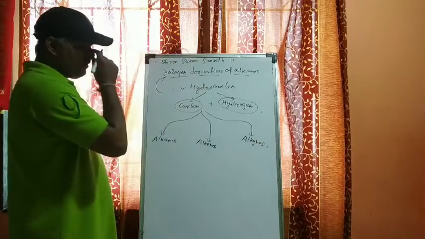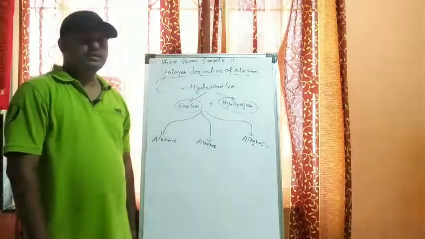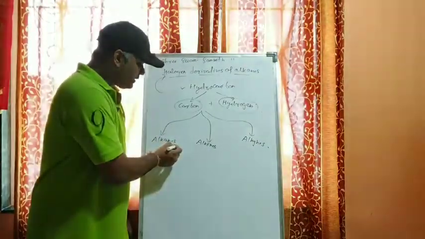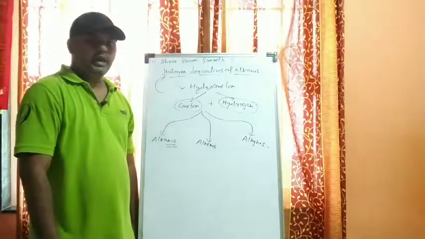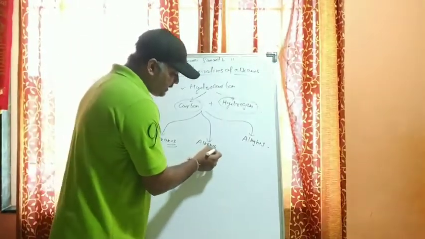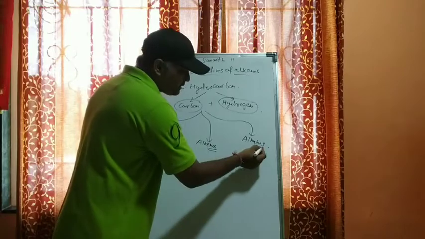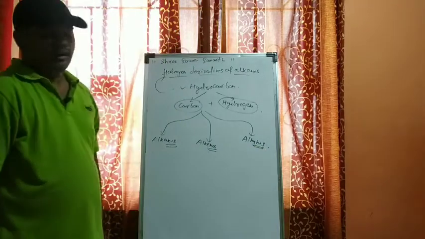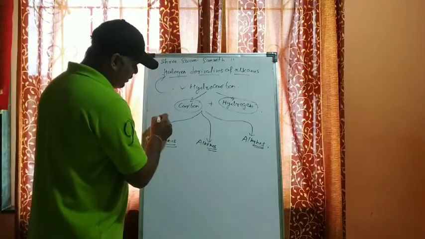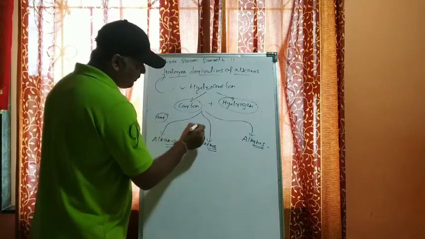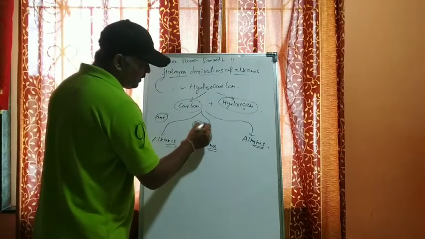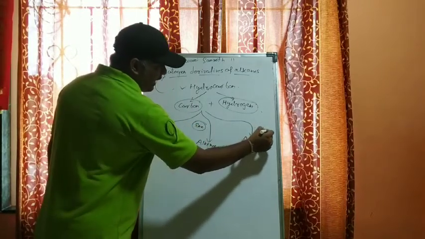In alkanes there is an ane, in alkenes there is an ene, and in alkynes there is a yne. You can note it down.